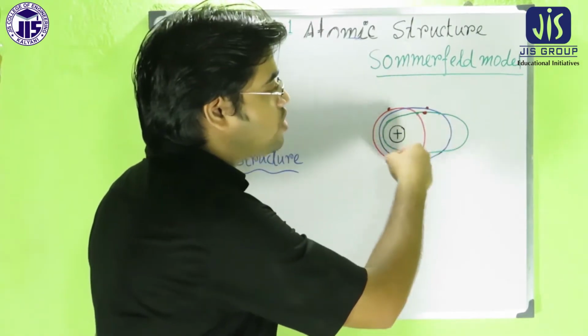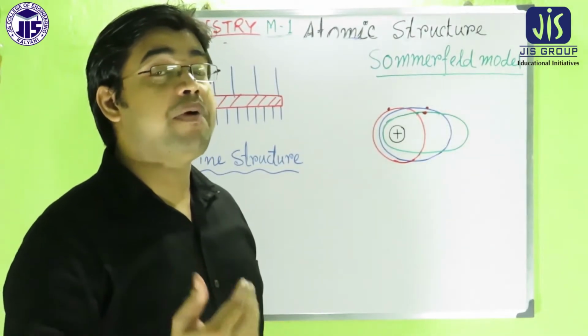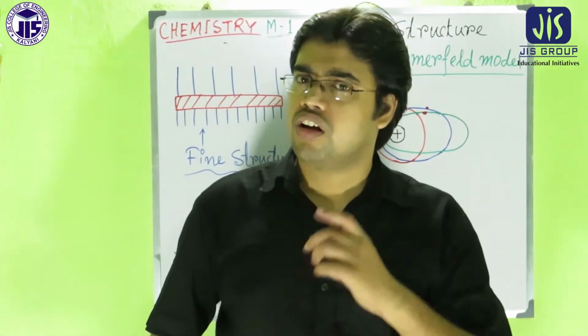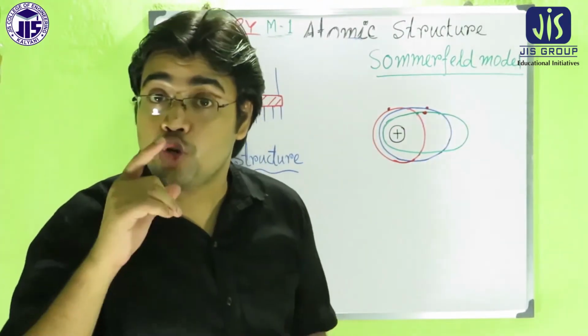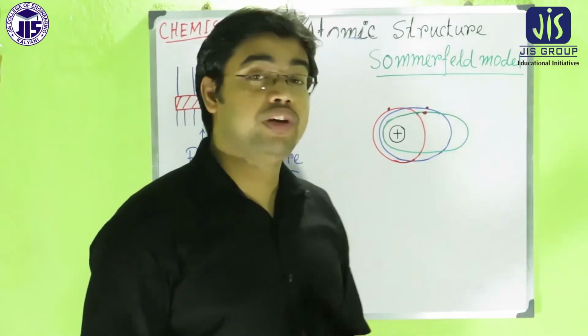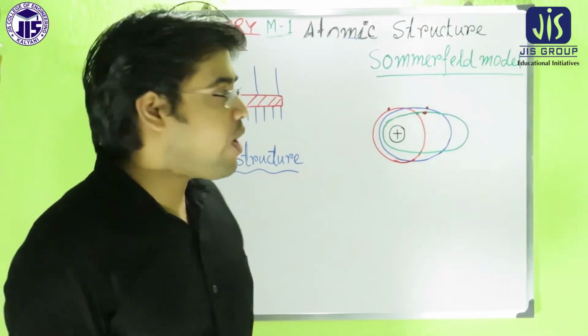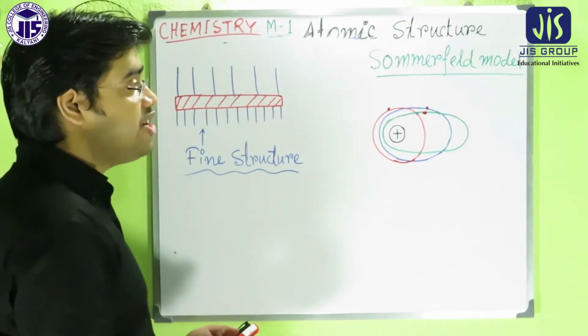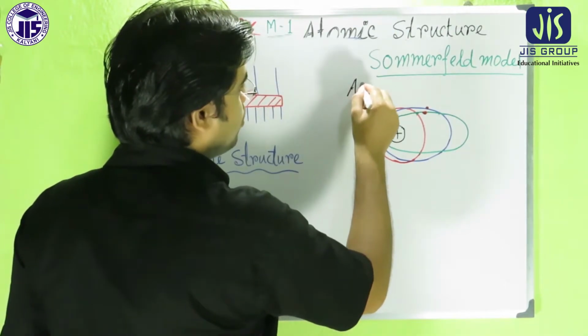So this all looks like an ellipse. The elliptical pathway is actually the main pathway of the electron, but the circular pathway, what Bohr told, was the special case for any atom. So according to Sommerfeld, he introduced a new quantum number called the azimuthal quantum number.